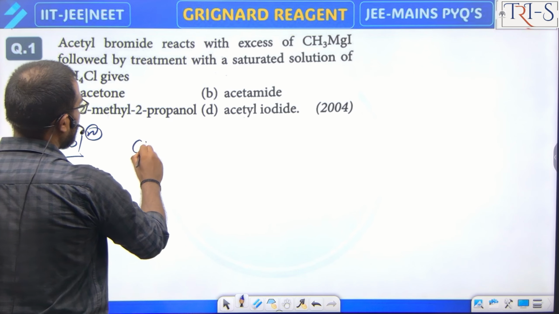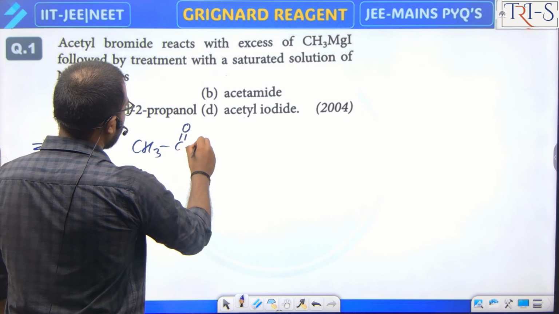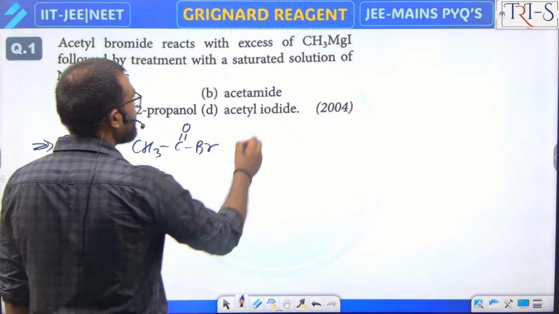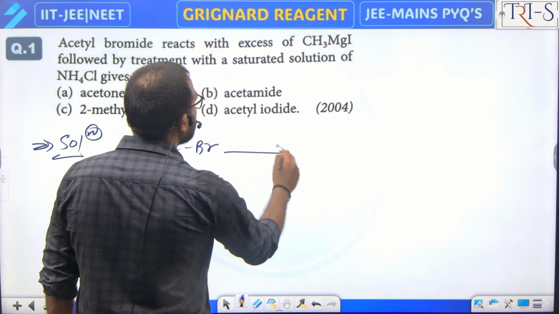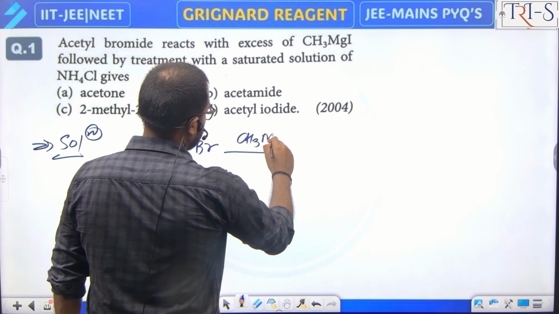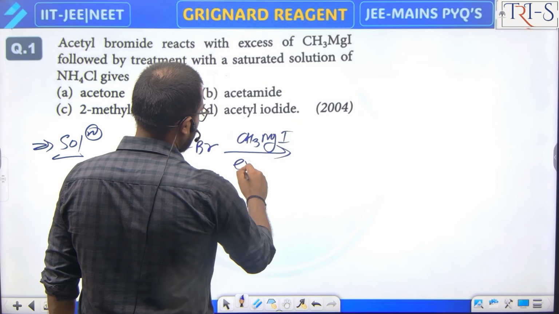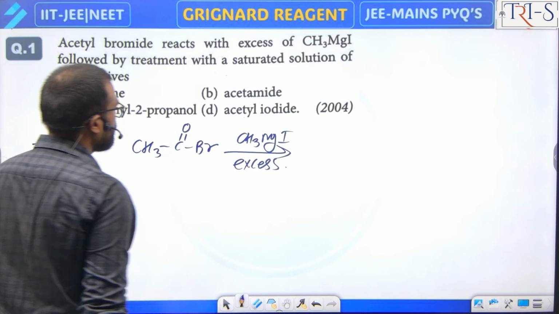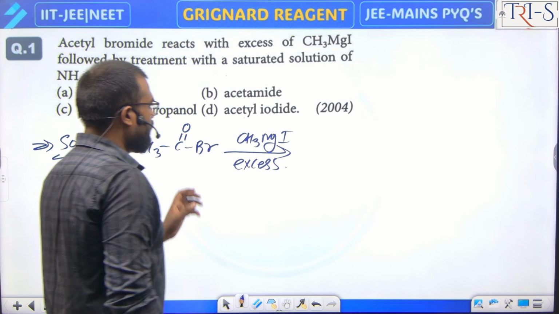Acetyl bromide, that is CH3COBr, on reaction with excess CH3MgI. This is in excess. So what will it give?